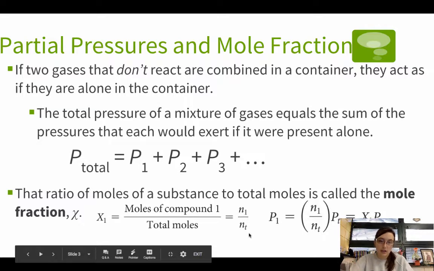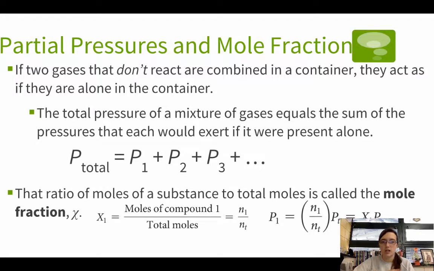You can take the mole fraction and multiply it by the total pressure. It's almost like a percentage. You can multiply the mole fraction by the total pressure to get the partial pressure of each. So if you know there's 4 moles of oxygen mixed with 6 moles of argon, it's 40% oxygen, 60% argon. That means that of the total pressure, 40% will be oxygen, 60% will be argon.